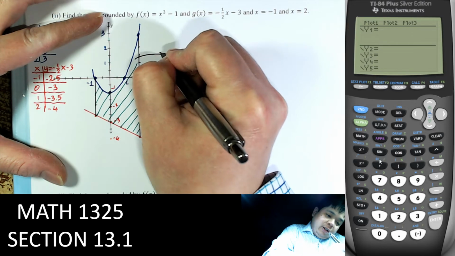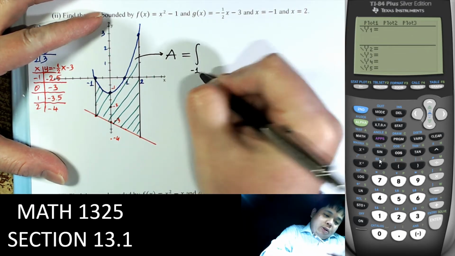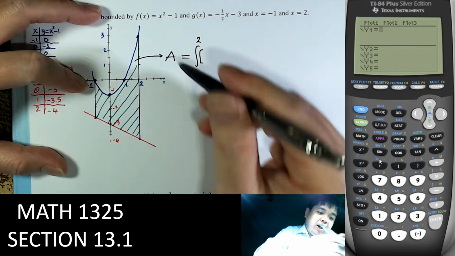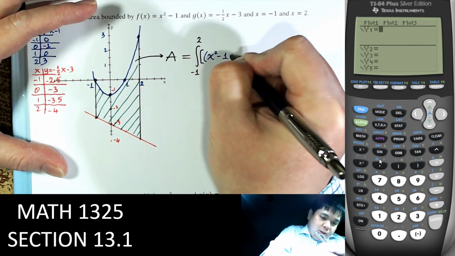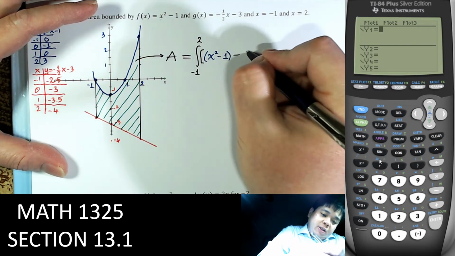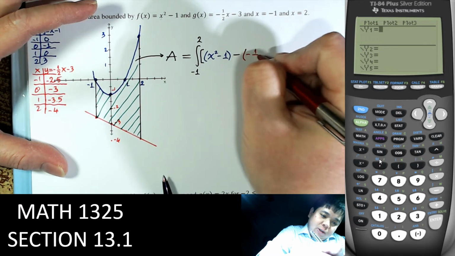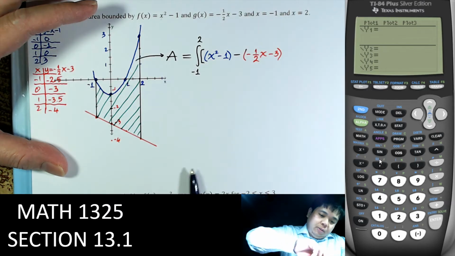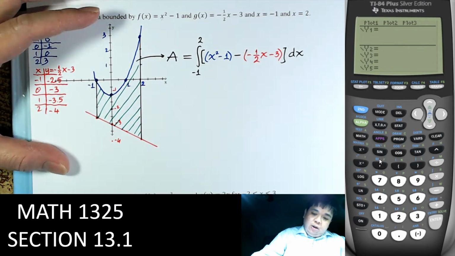So the area is from -1 to 2. We're going to take the function that is above, so clearly it's going to be the x squared minus 1, and subtract the function that is below. Right.